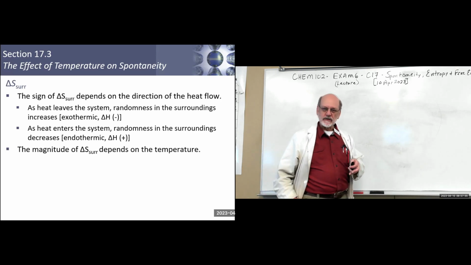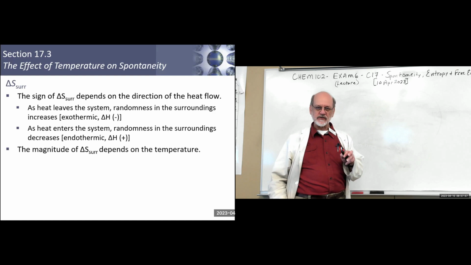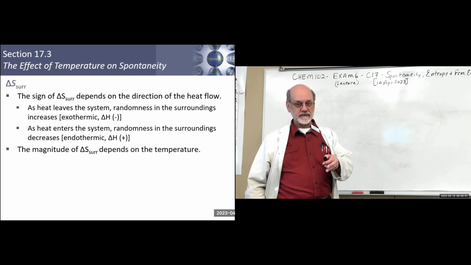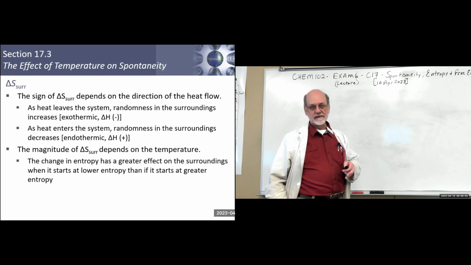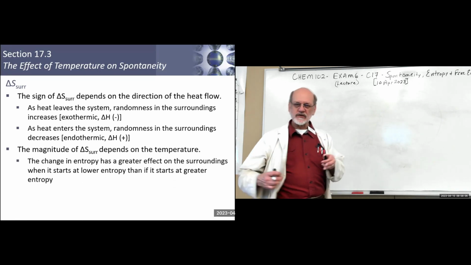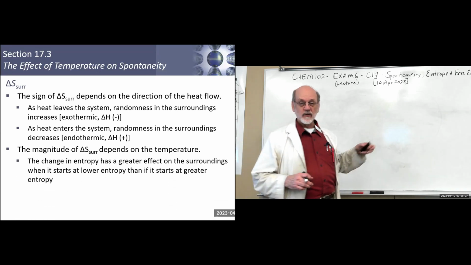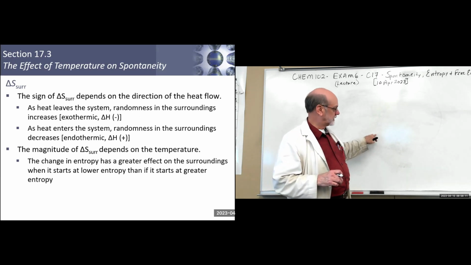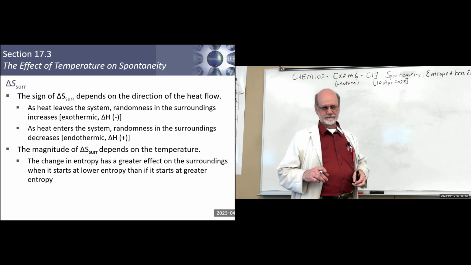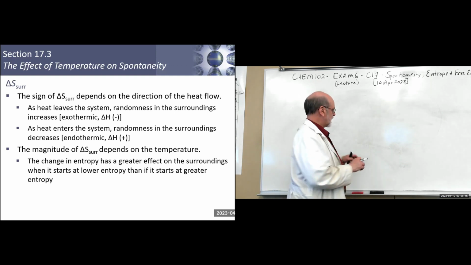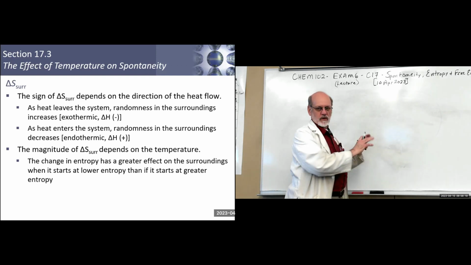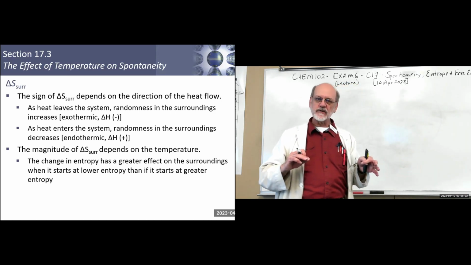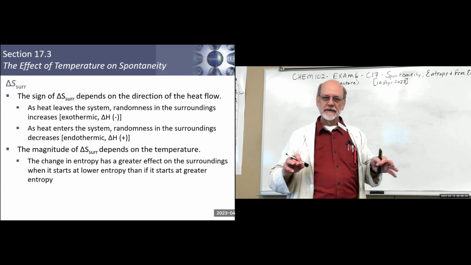The magnitude of the change in entropy in the surroundings does depend upon temperature. The change in entropy has a greater effect on the surroundings when it starts at a lower entropy than if it starts at a greater entropy. Adding $1 to $100 has a greater effect than adding $1 to $1,000,000.